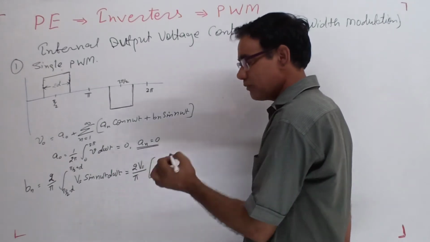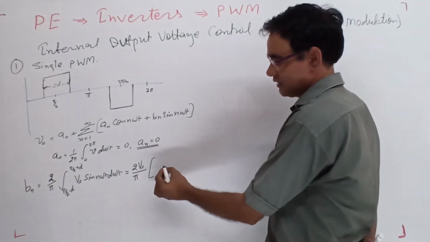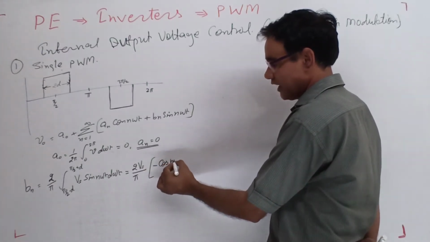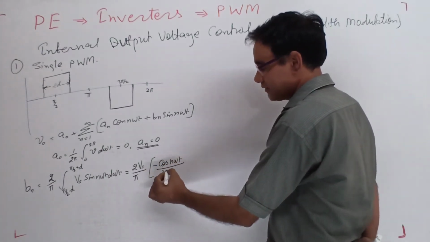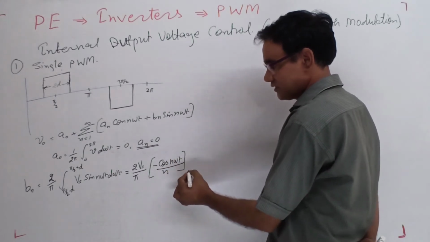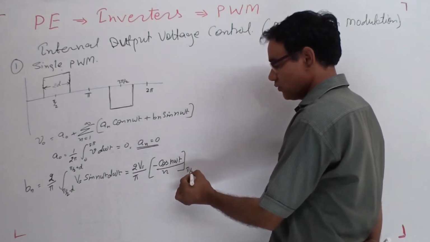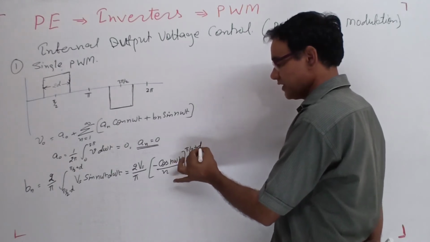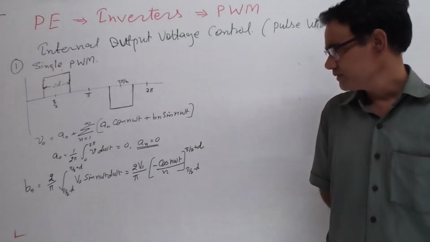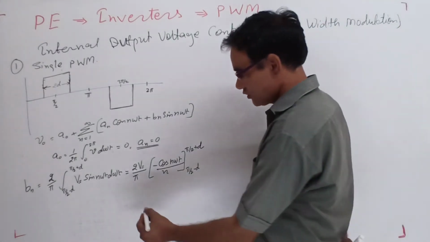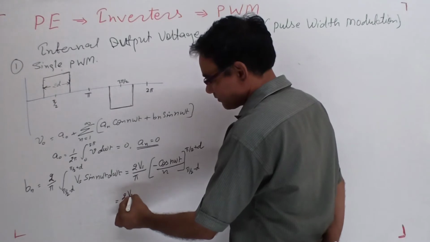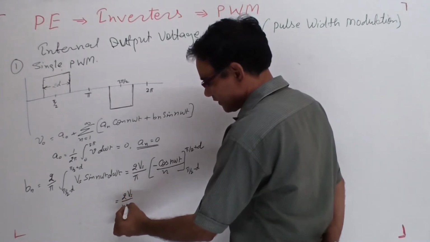And the integration of sin is minus cos of n omega t upon n, with the limit from pi by 2 minus d to pi by 2 plus d. It is equal to 2 Vs upon n pi.